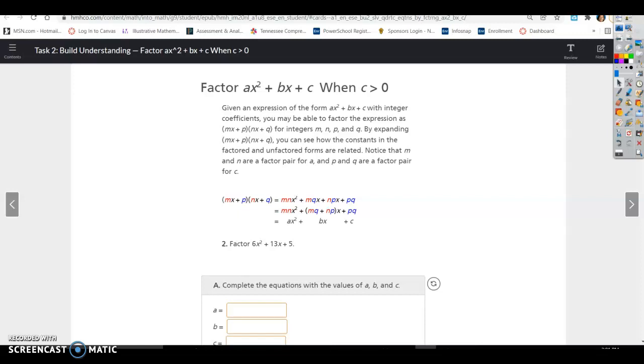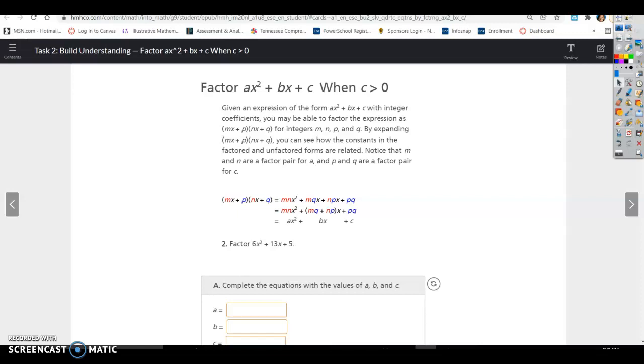By expanding, you can see how the coefficients in the factored and unfactored forms are related. Notice that m and n are a factor pair for a, and p and q are a factor pair of c.